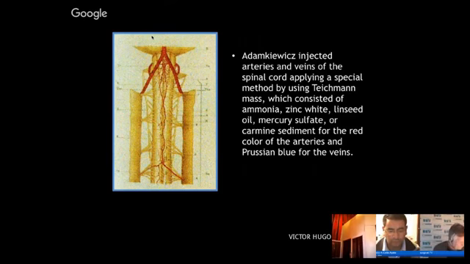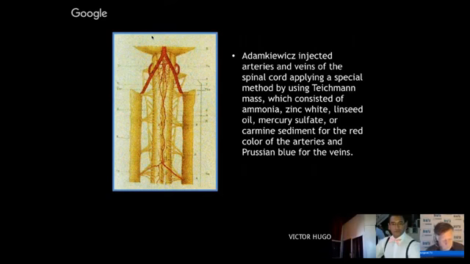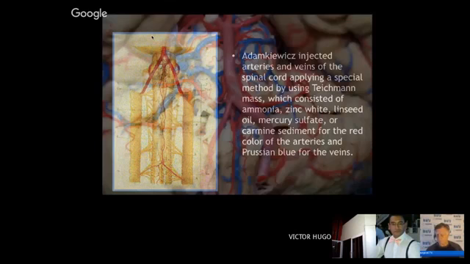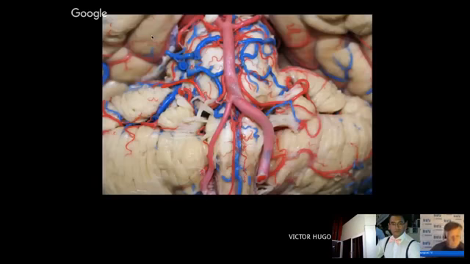This is a drawing that he did after his injections. In this drawing, you can see the vertebral arteries and the anterior spinal artery. Now we are doing the same, but with a special silicone injection, in red color for arteries and blue for veins.